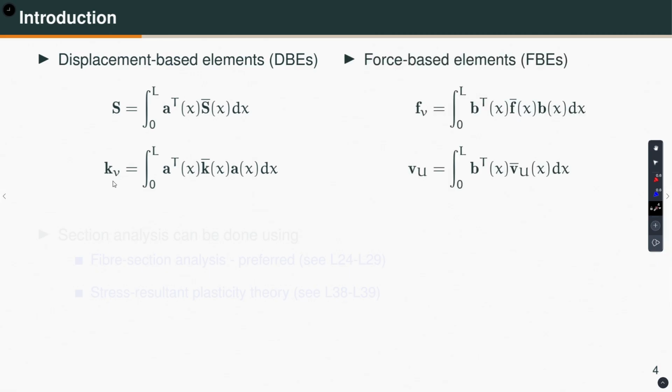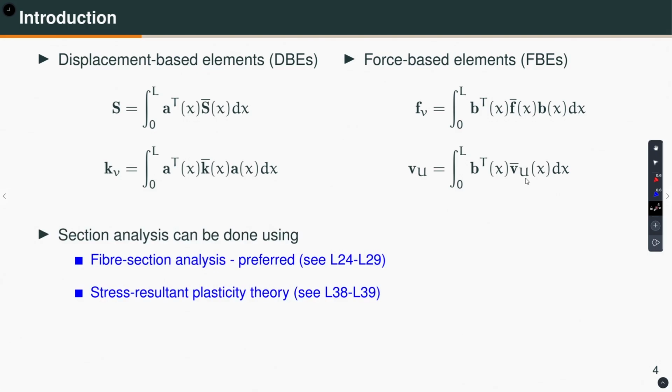On the other hand, for the force based element, we have to evaluate this integration, where B x is the matrix of force interpolation functions, and F bar x is the section tangent flexibility matrix. This also we have to determine, which is the element residual deformation vector, and this is the section residual deformation vector. How do we do this integration numerically?